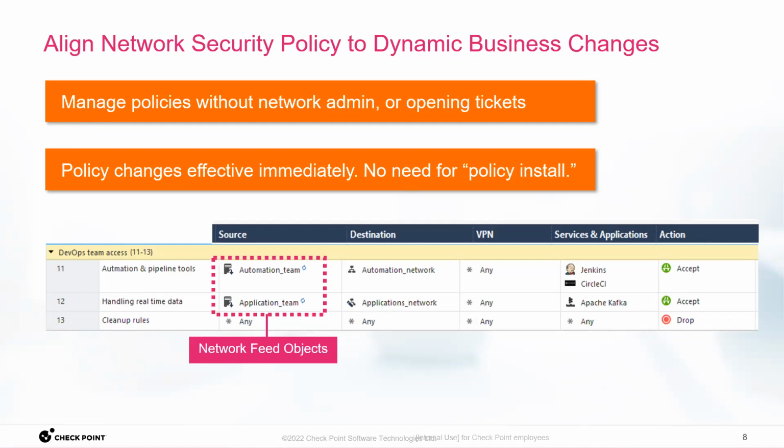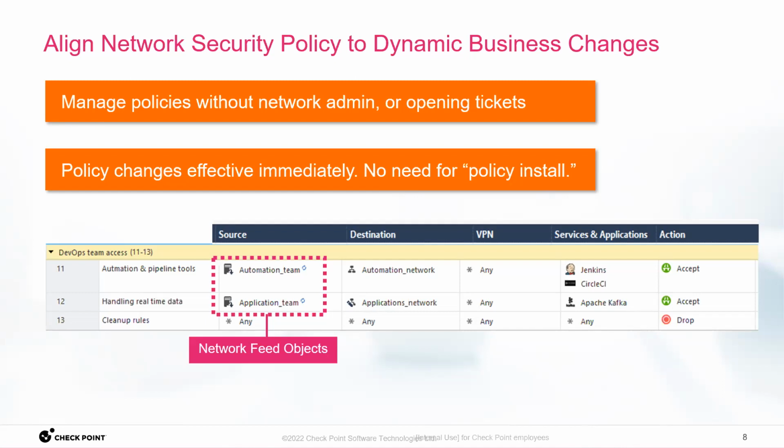Once you create this network feed object, you can place it in the source or the destination of the access policy, and then you can install the policy on the gateways. Once you install the policy, the gateway is going to connect to the URL that you provided, and it's going to pull and update a copy of this file. It's going to do it at some periodic interval that you can set. It can be 1 minute, it can be 1 hour, whatever you decide.